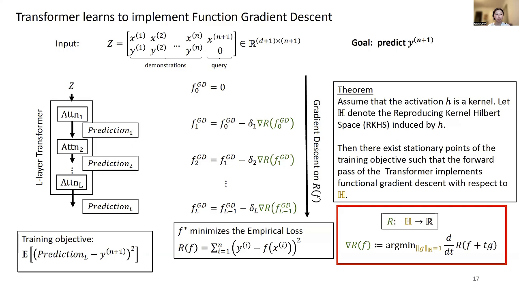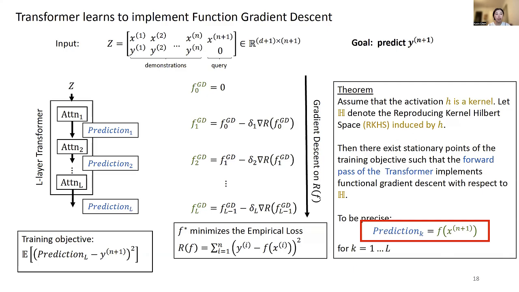It gives the steepest descent direction of the empirical loss R, which is also the update direction for the gradient descent sequence. More precisely, the transformer's prediction at every layer is the same as making a prediction with that many steps of functional gradient descent.